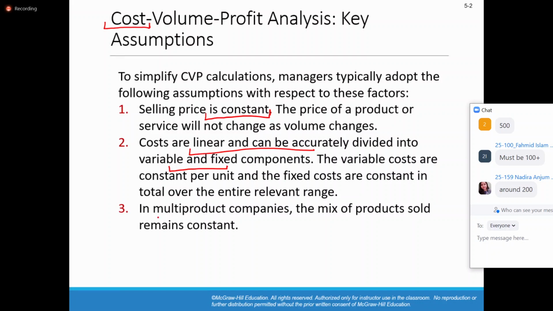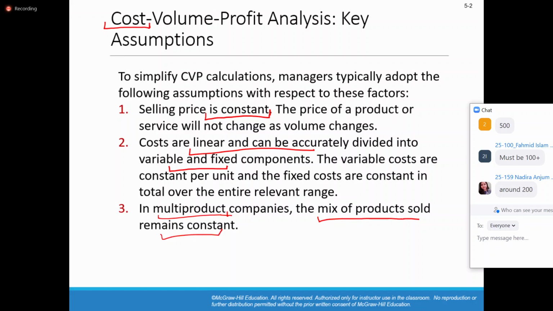If you are analyzing a company which does a business of multi-products, in that case, the mix of products sold remains constant. What does it mean?